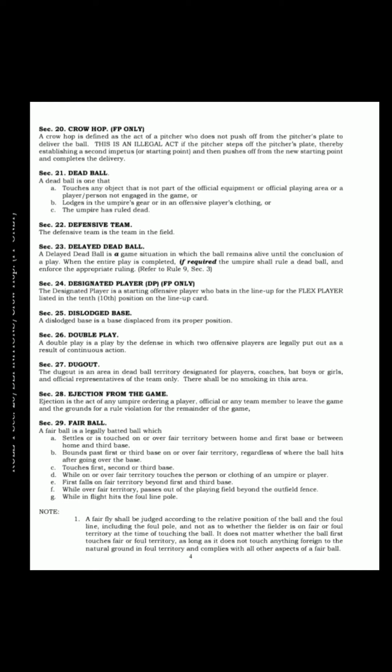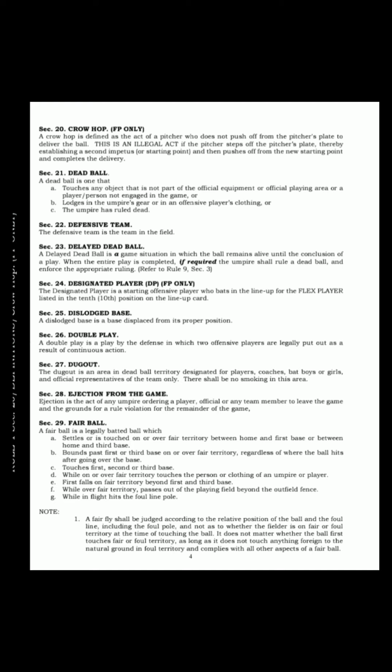C. Touches first, second, or third base. D. While on or over fair territory touches the person or clothing of an umpire or player. E. First falls on fair territory beyond first and third base. F. While over fair territory passes out of the playing field beyond the outfield fence. G. Last, while in flight, hits the foul line or pole.